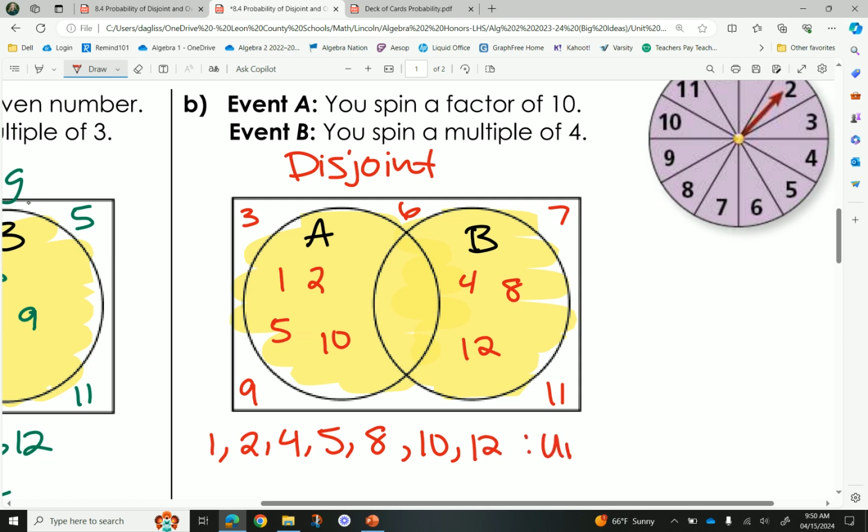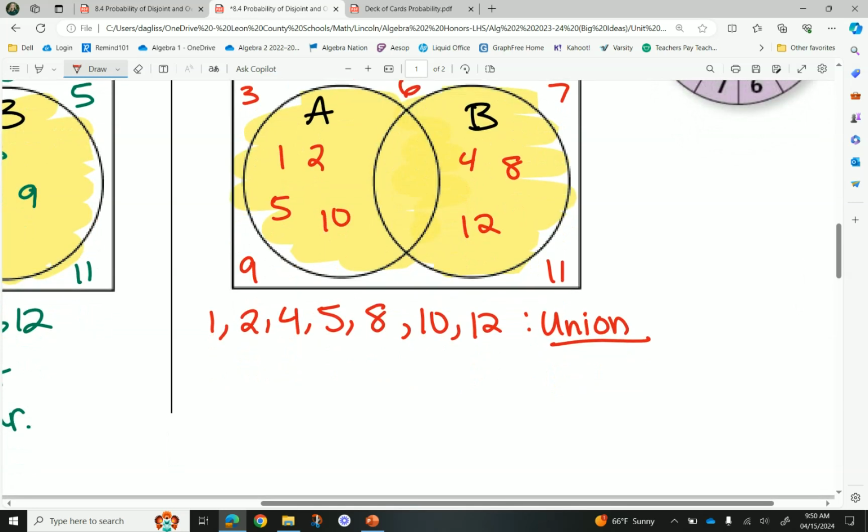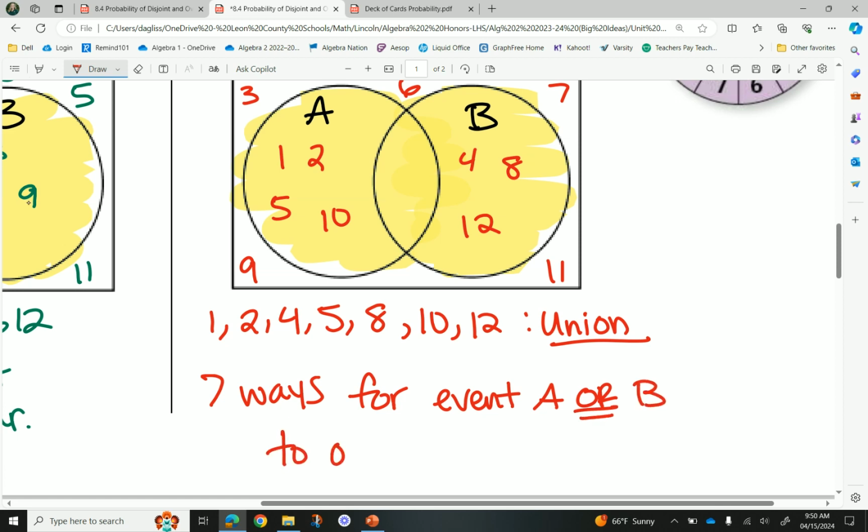So this is the union technically, if you want to put your vocab on there so you know what you're doing. So how many ways could this happen? 7. Good. 7 ways for event A or B to occur.